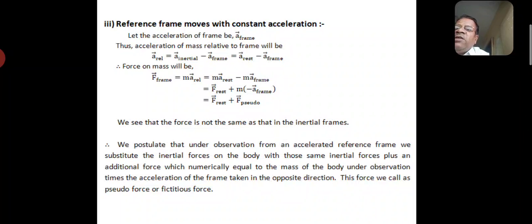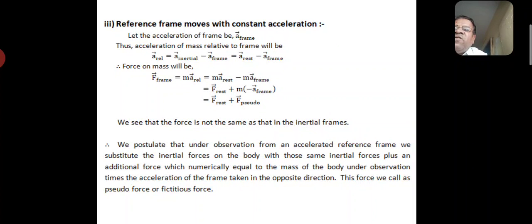Observe here carefully. When the frame is moving with an acceleration, the force acting on the particle F equals the force acting on the particle when the frame is at rest plus the force acting on the particle when the frame is moving with an acceleration. F pseudo indicates the additional force acting on the particle when the frame is moving.